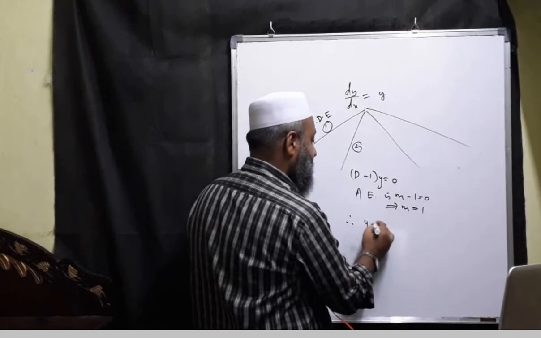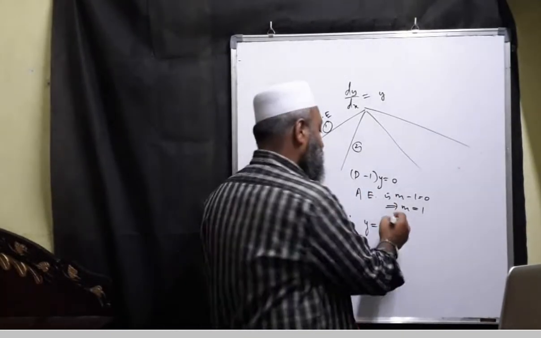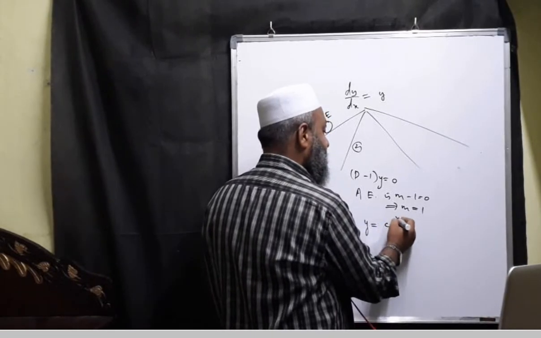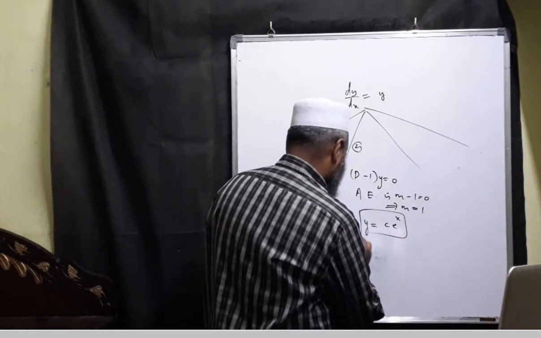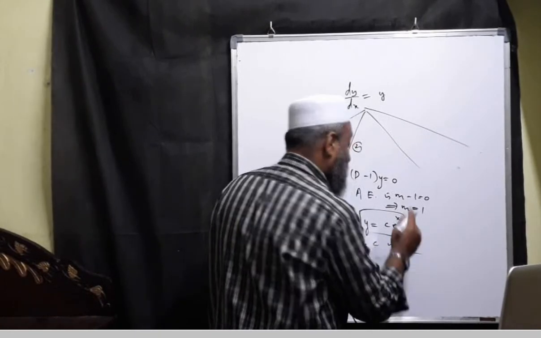Therefore the general solution, there will be no y_p because it is homogeneous. So directly y is equal to some constant c into e to the power of x, where c is an arbitrary constant.